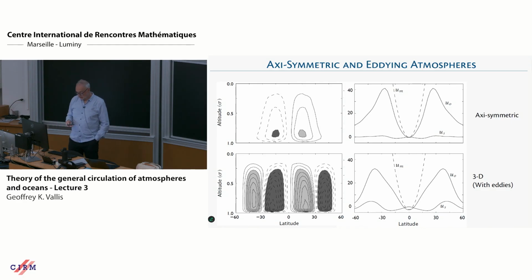At the same time, the Hadley cell and the Ferrel cell are much stronger than they are in an axisymmetric circulation. So obviously, just from the observations or numerical simulations, we know that the large-scale eddies are going to be important. The way that they work will be the subject of the next few slides.